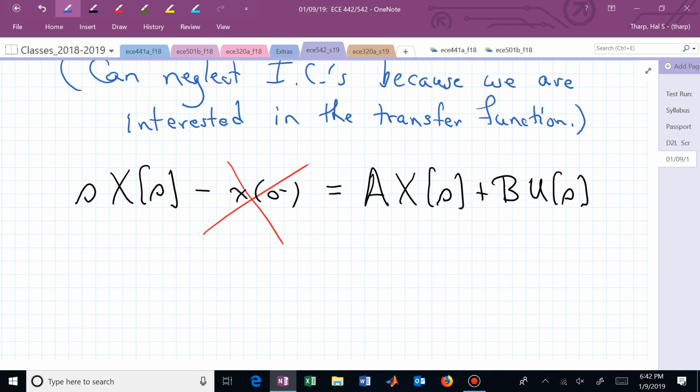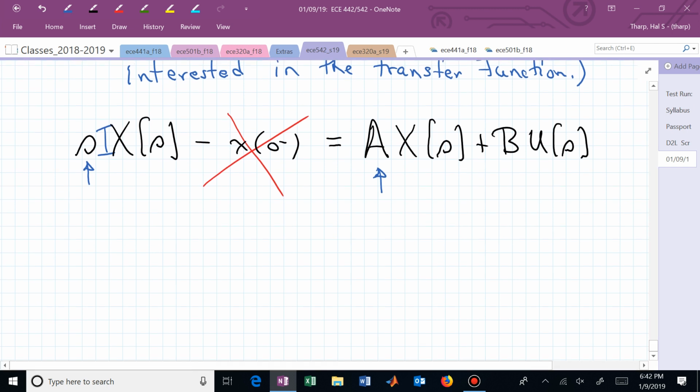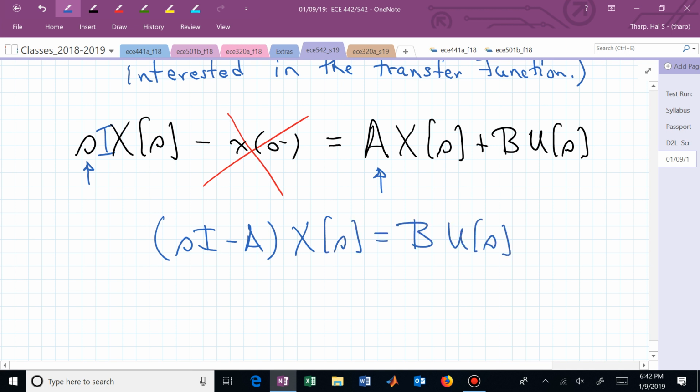I can't really combine this with a 2 by 2 matrix directly. I can make that combination if I insert an identity matrix that's 2 by 2, the same dimension as that A matrix. Now I can combine these terms that have a common capital X of s. I now have sI minus A times X of s is equal to B U of s.